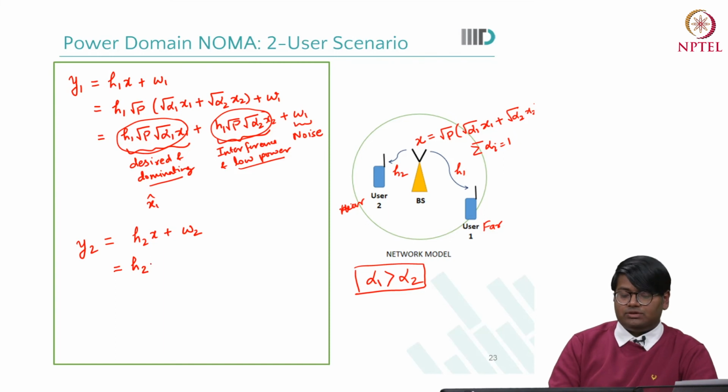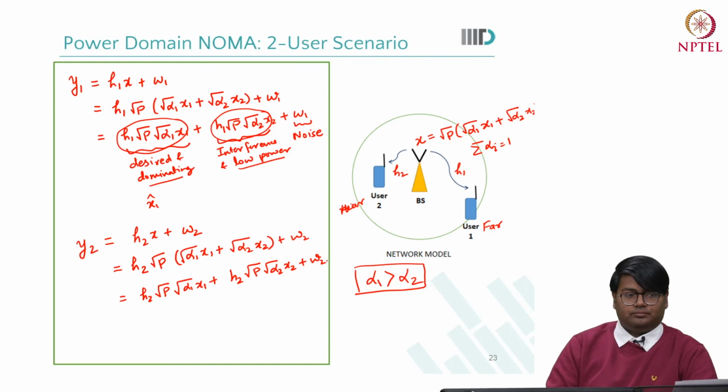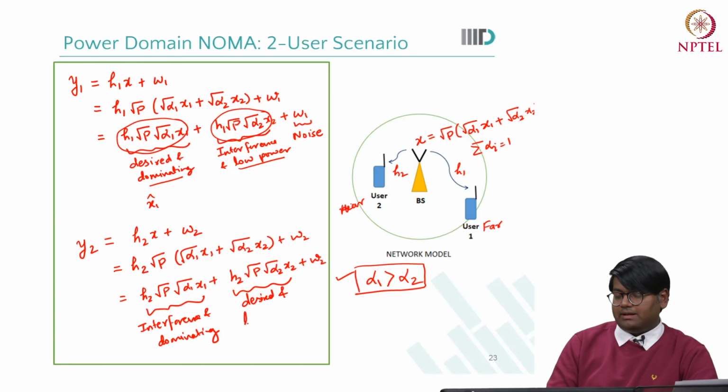You can further simplify H2 root So here we have this as an interference, which is more dominating due to this condition, and this is my desired signal, and it has got a low power, and this is nothing but my AWGN noise.